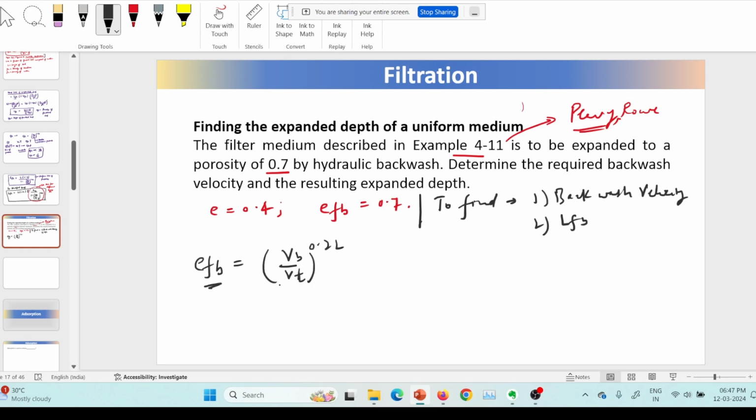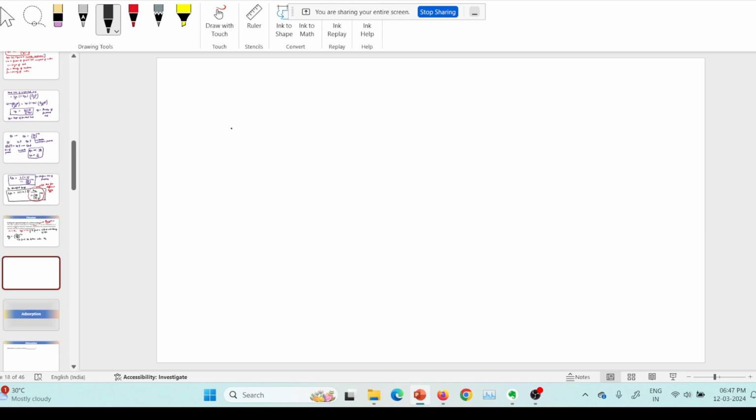So we have EFB, and we need to calculate Vb. We'll first find Vt and then calculate Vb. This is the procedure we will follow.